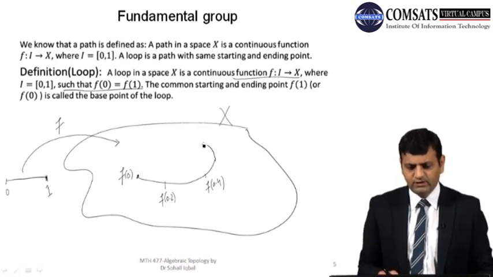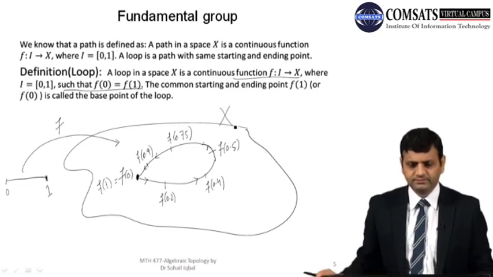So if we keep on moving, let's say this is f of 0.5, this is f of 0.75, up to f of 0.9. This point is once again f of 1. So f of 0 is equal to f of 1. In other words, the point where we started from should be our ending point. So this is a loop in a space X.